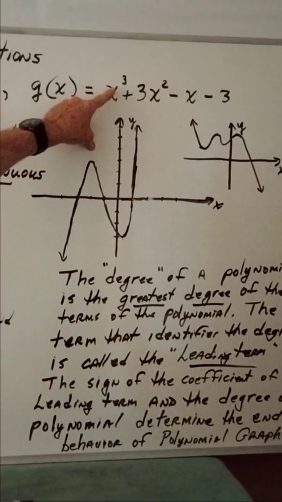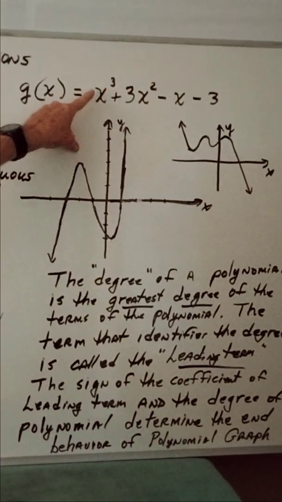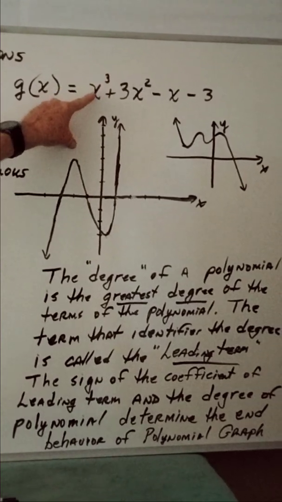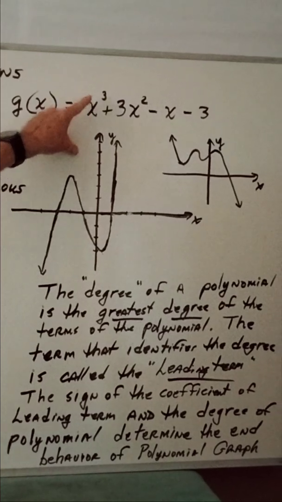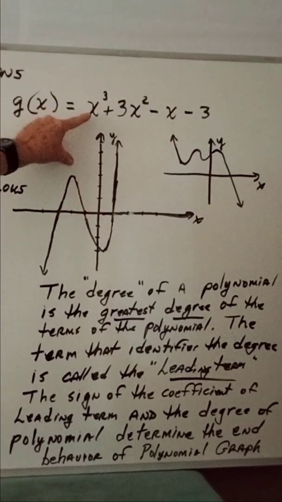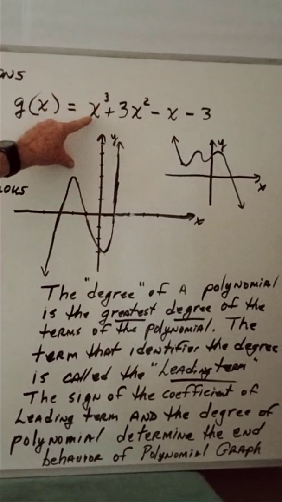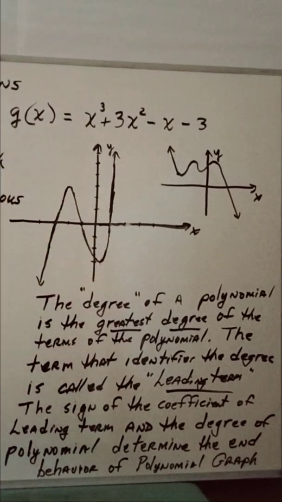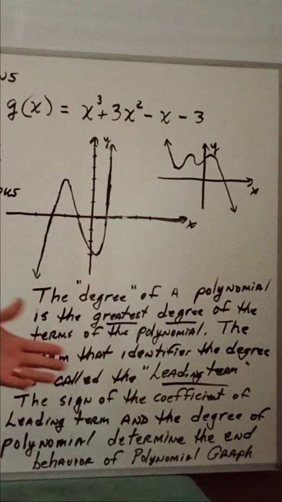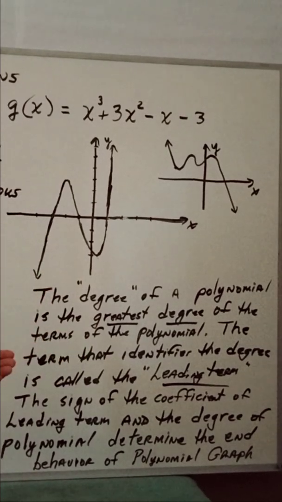This is the term that identifies the degree of the polynomial. It has a degree of 3. It's this term that identifies the degree. This term is called the leading term of the polynomial expression.